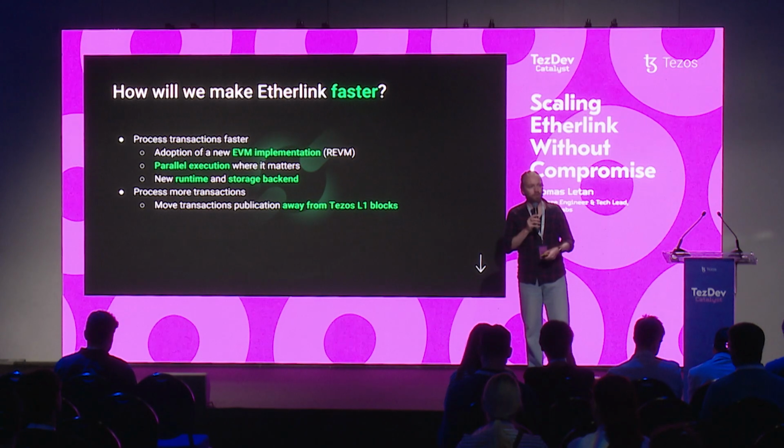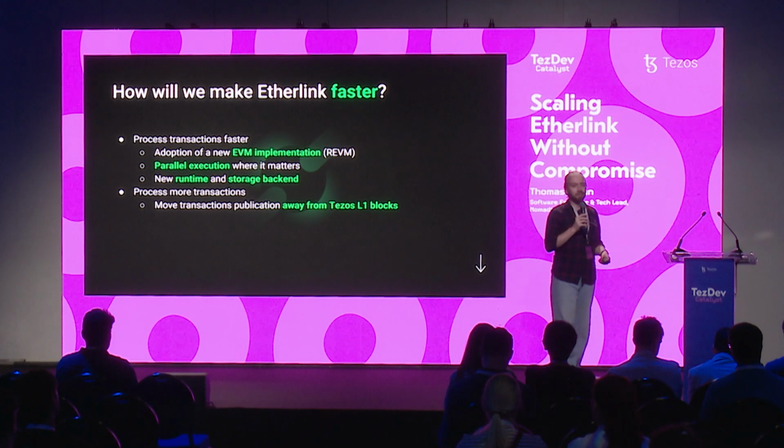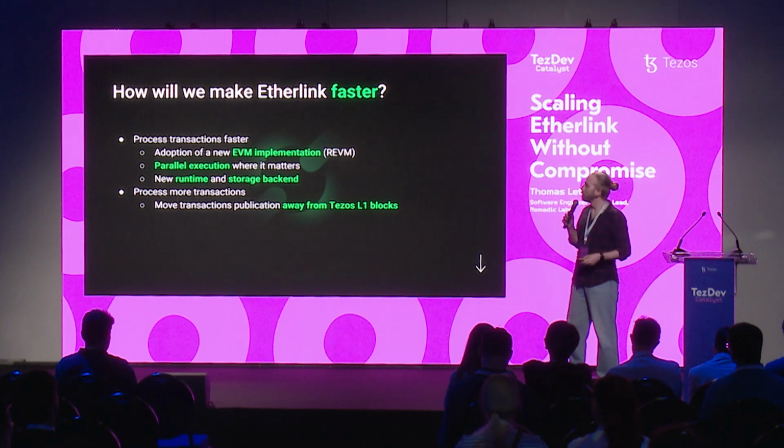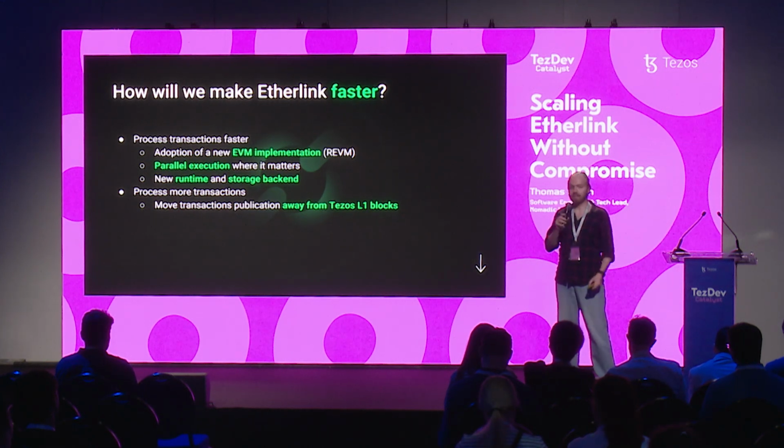I'm mentioning it because it will bring a storage backend that has been designed, implemented, and optimized with the optimistic rollup use case in mind, and that will be particularly well suited to improve the performance of the system. So if you put that all together and you add a few more optimizations, then we will be able to process transactions faster.